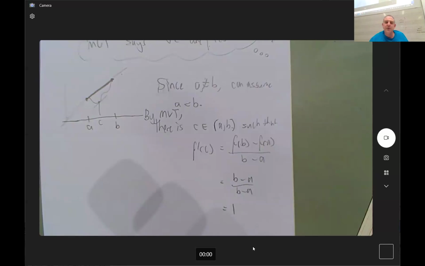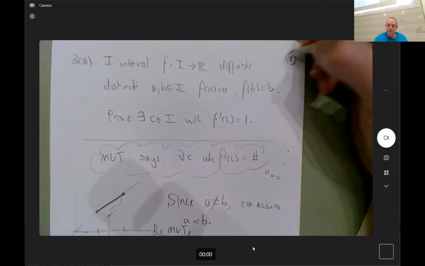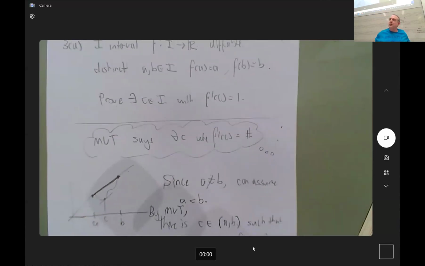Okay. Have you ever done the proof that if the derivative of a function is positive on an interval, then the function is increasing on the interval? Because that's a mean value theorem proof.